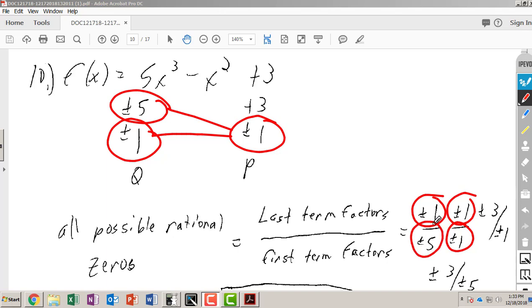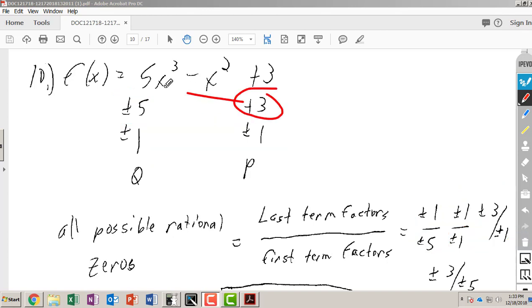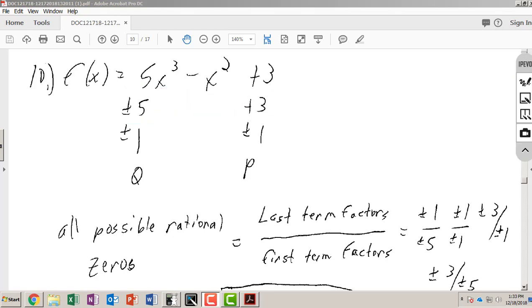Then I've got plus or minus 3 over plus or minus 1, and my last set, plus or minus 3 over plus or minus 5. So those are all my possibilities.